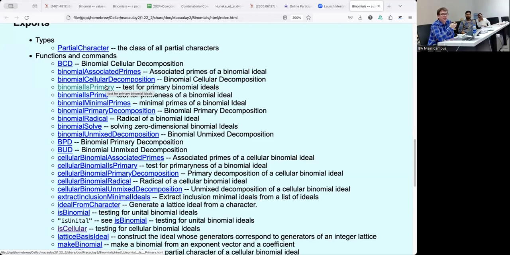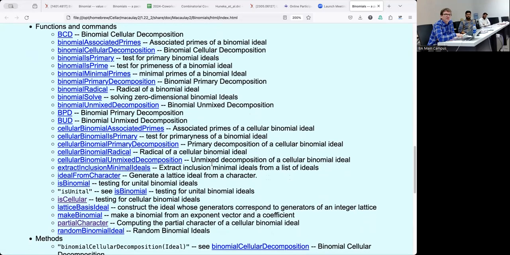This package contains binomial is primary, which tests if a binomial ideal is primary, uses specialized algorithms, and is therefore faster. Same with minimal primes, primary decomposition, radical. You can even solve zero-dimensional binomial ideals over cyclotomic fields, and so on. And then there are all these functions specialized to cellular ideals.